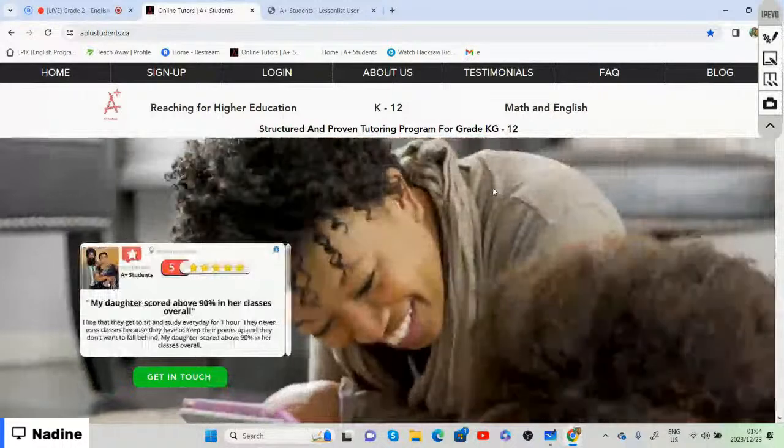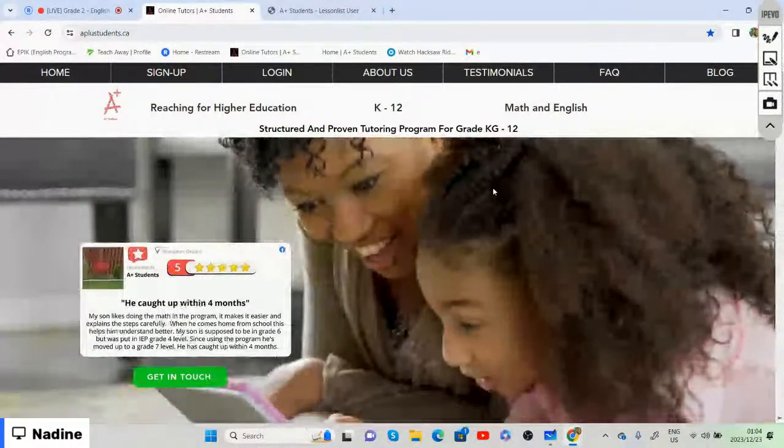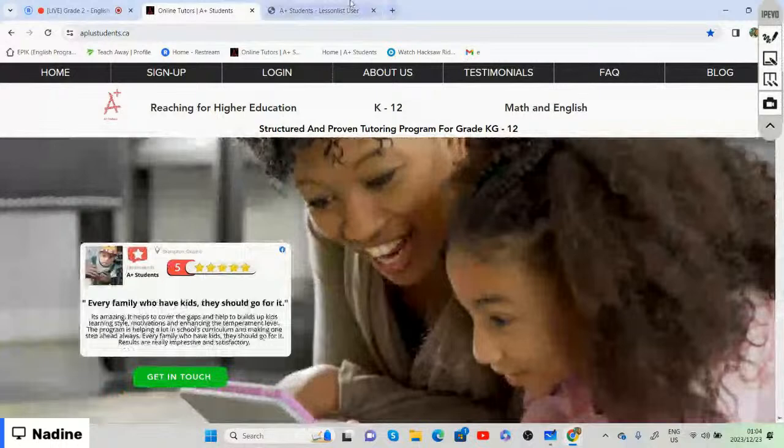And then we're going to scroll down up until we get to the chapter of prefixes and suffixes.